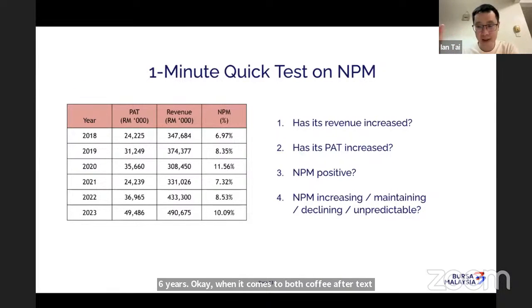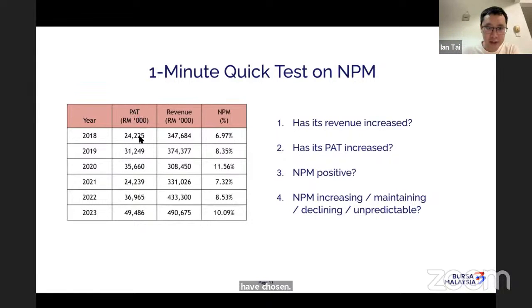Or you can do this exercise afterwards, okay? But you just do this exercise. Take a company that you have chosen, compile only these two figures, profit after tax and revenue, and then you calculate the net profit margin for each and every single year of that company.